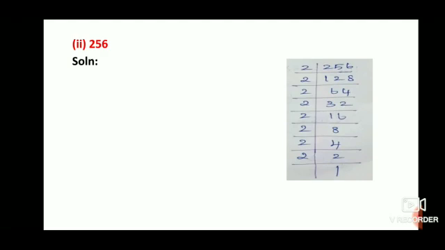Second subdivision, 256. See the solution. First we should take LCM. See the LCM picture. So the LCM of 256 is equal to 2 into 2 into 2 into 2 into 2 into 2 into 2 into 2.